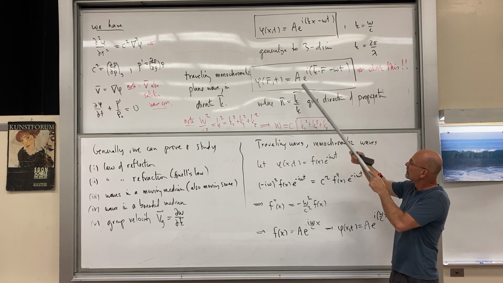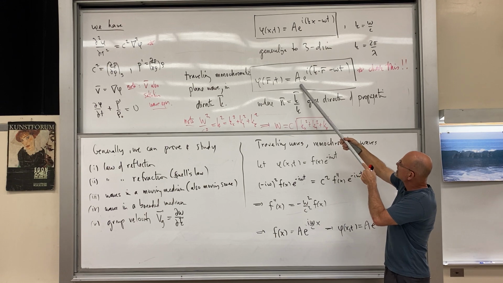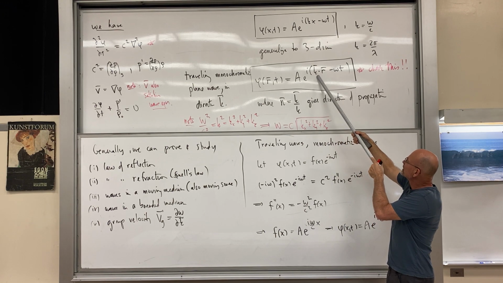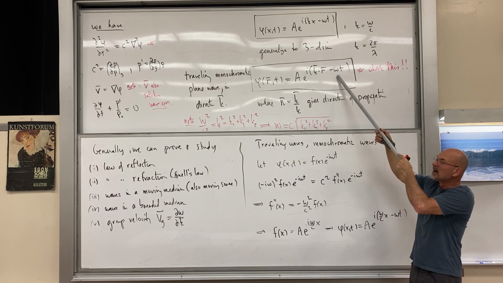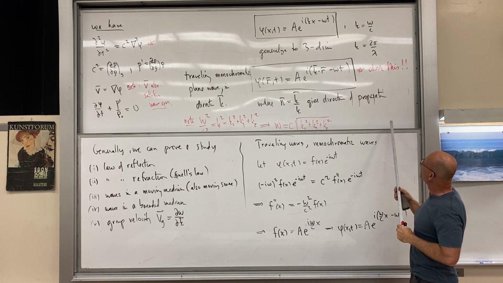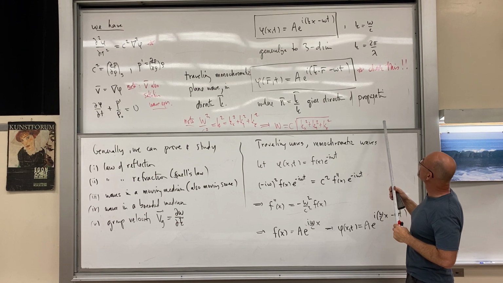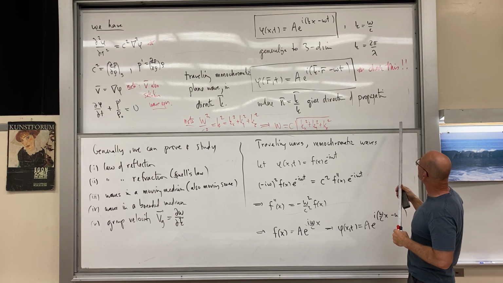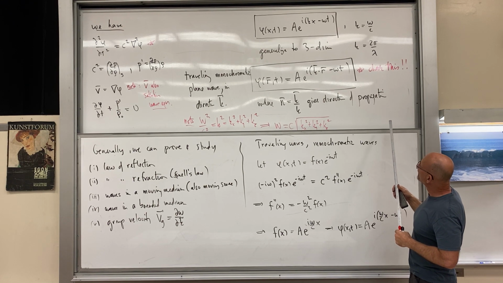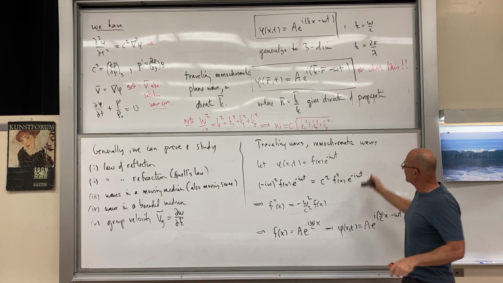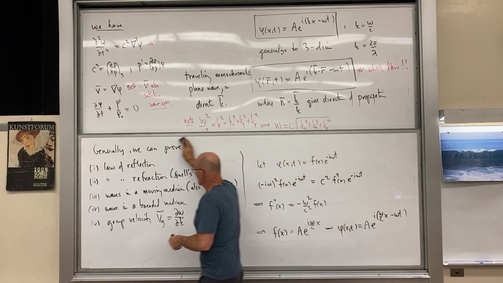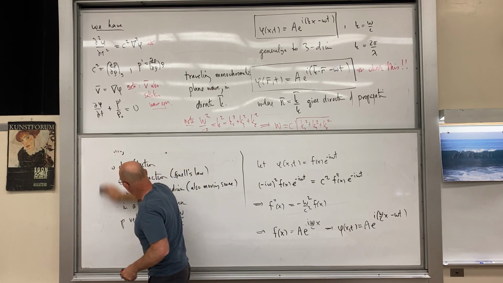Focusing on this thing, we have A is a constant, the vector k is a constant, omega is a constant, and all these relations are up here as well. So we'll focus on this. I need the whole board, and I'm going to do a split board here.